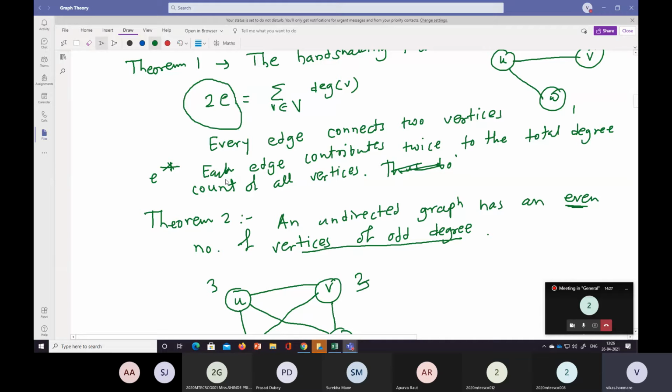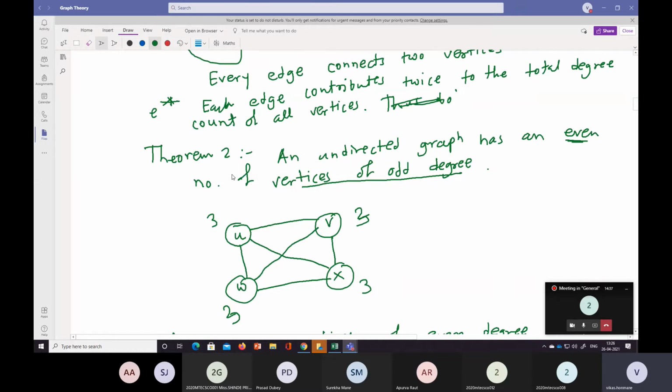And theorem 2 is: an undirected graph has an even number of vertices of odd degree. Okay, so suppose there are a total of 10 vertices. And if a few vertices have odd degree, then we definitely say that there is an even number of vertices with odd degree.